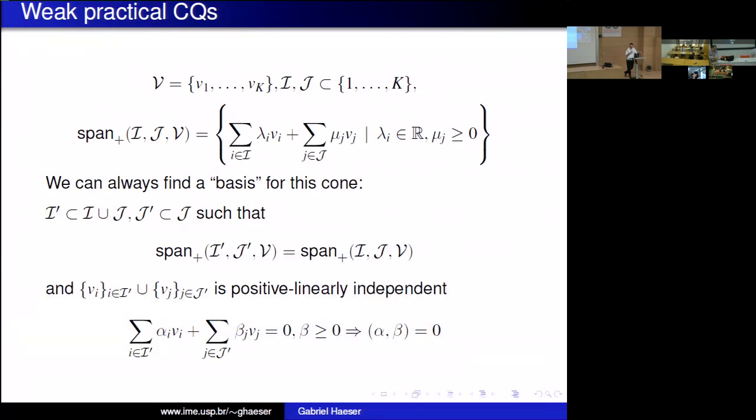This is the key idea to define this basis concept. And in fact, this set I prime will always be a subset of J minus. The inequalities that you will add to I prime will be only the ones that are in this set J minus that I defined before.